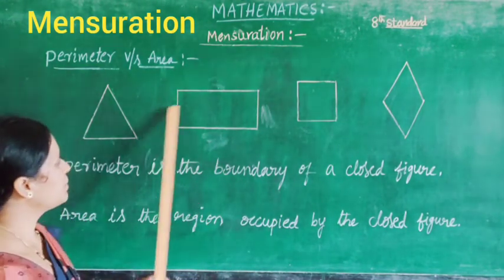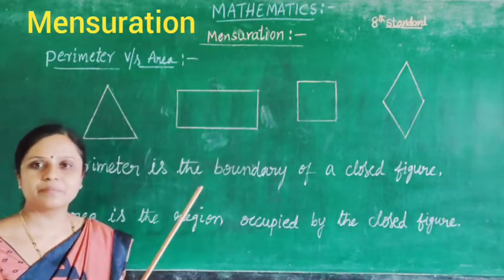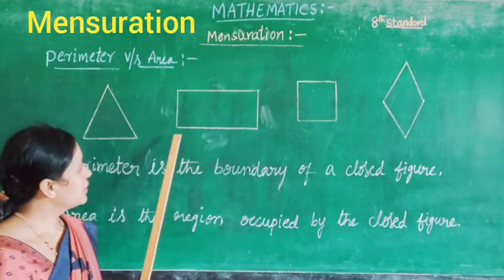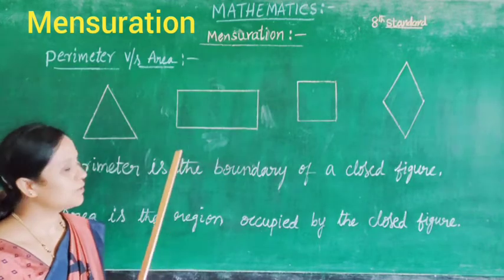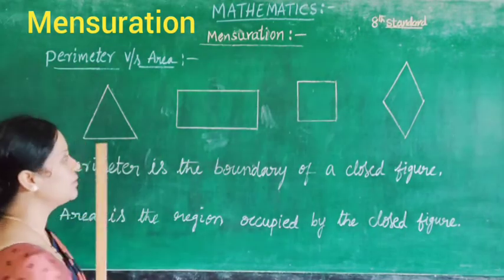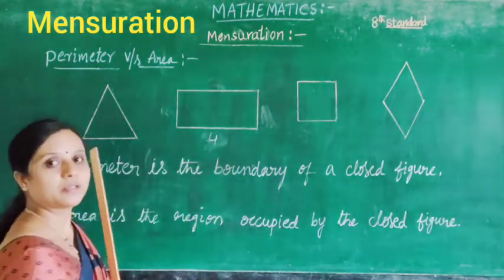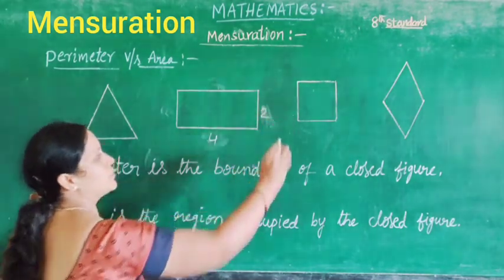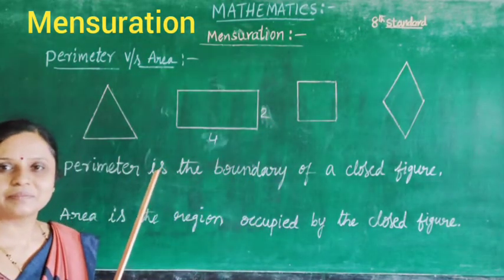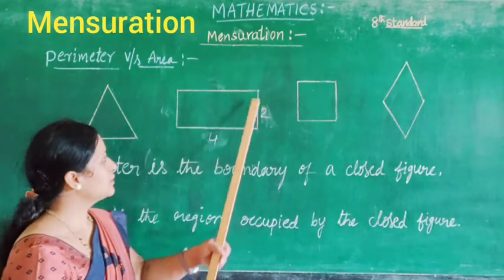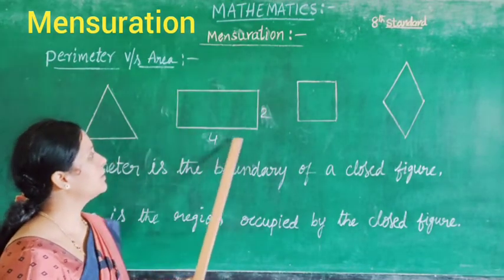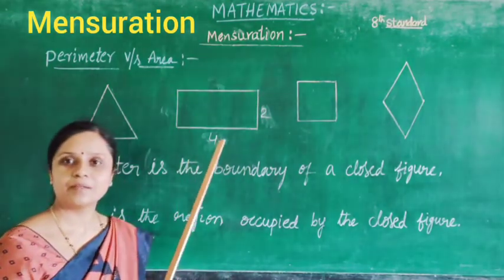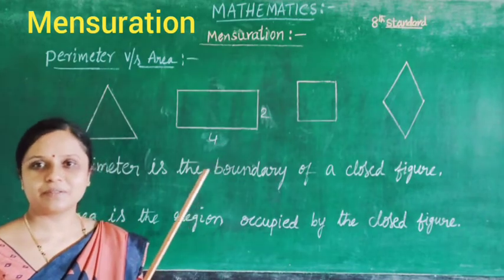So what is the perimeter of this figure? So here we look at this rectangle. What is its perimeter? Suppose the length of this rectangle is 4, breadth is 2. What is the perimeter? The total length of the boundary is perimeter.